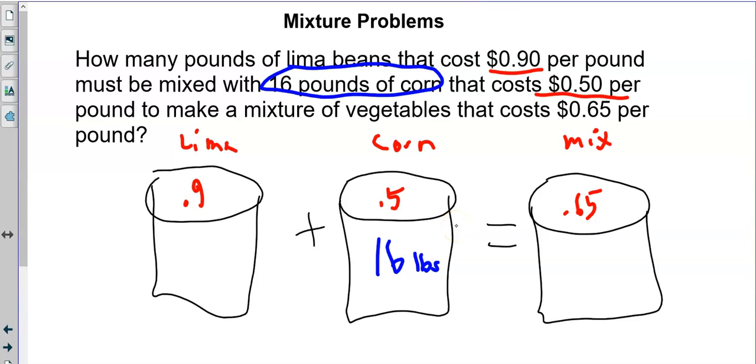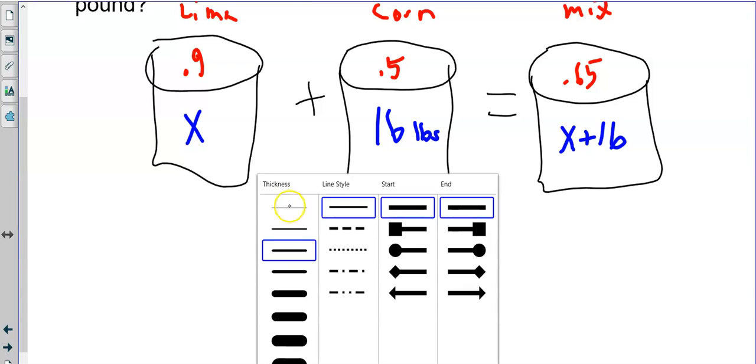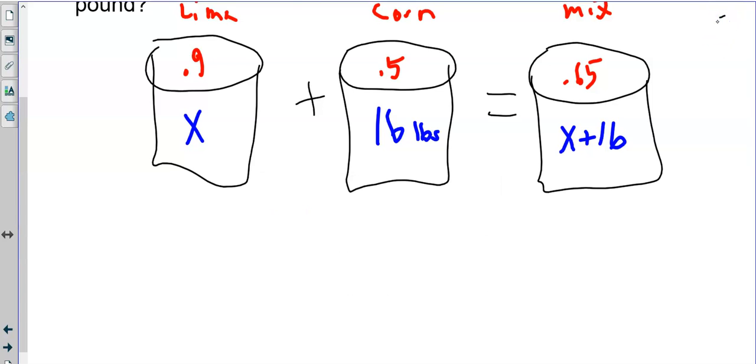We don't really know the other information here. You have to infer: we don't know how much lima beans, so I'm going to say X. X is the number of pounds of lima beans. Then the mixture would contain a total amount of X plus 16 pounds, right? So you've pretty much got all the information there. It's real visual, and at this point, it's pretty easy to set up an equation, I think.